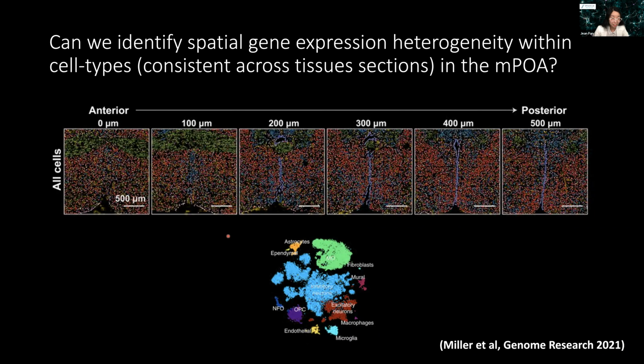But what we wanted to do now is ask essentially, even within each cell type or neuronal subtype, can we identify any additional aspects of spatial gene expression heterogeneity? So can we identify additional spatial gene expression variation within cell types, particularly those that were consistent across tissue sections and likewise reproducible across animals?